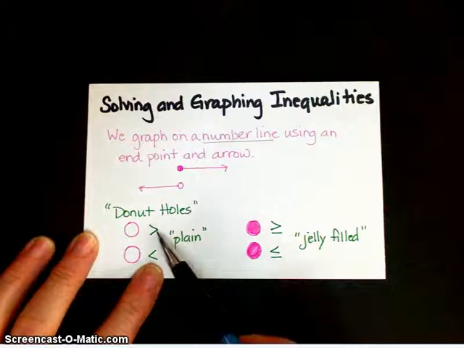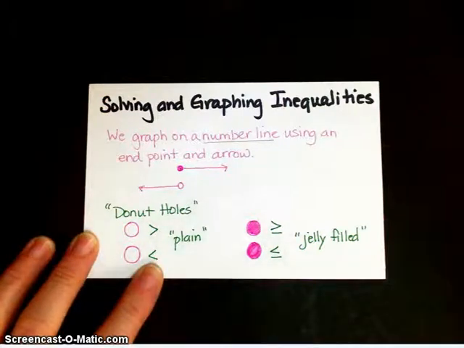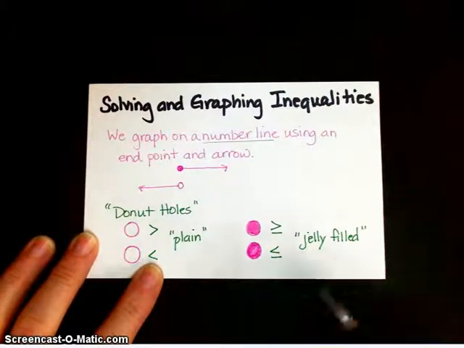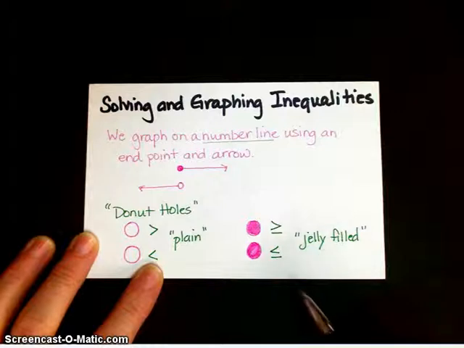If you simply have a greater than or less than symbol, that is telling you this is the number that we're comparing everything to, but the number that you've put the endpoint on is not part of the solution set. The jelly-filled donuts tell you just the opposite.